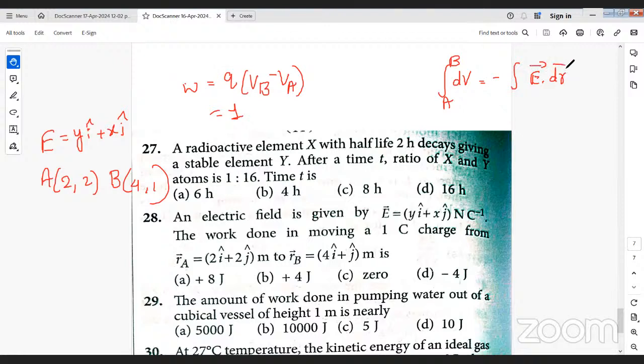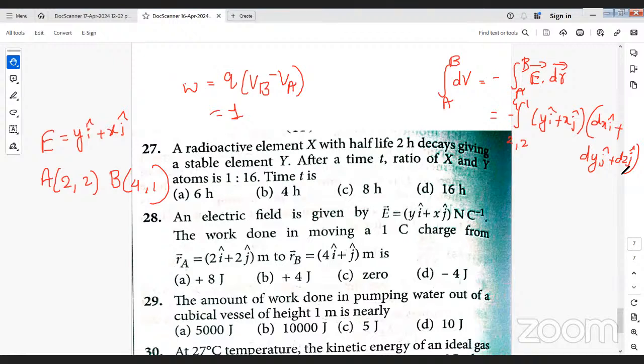So this is equal to the integration from 2 comma 2 to 4 comma 1, minus, y i cap plus x j cap into dx i cap plus dy j cap plus dz k cap.